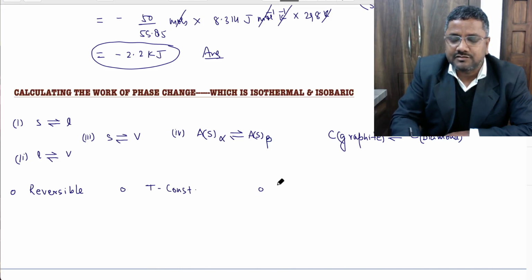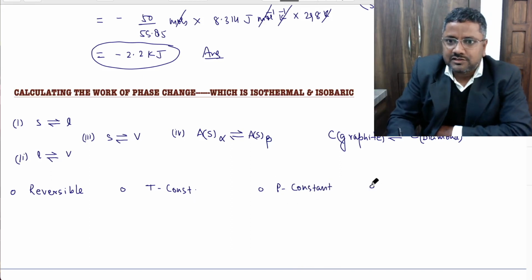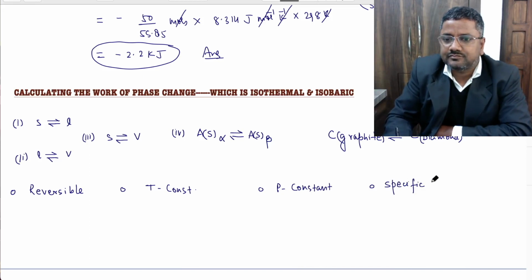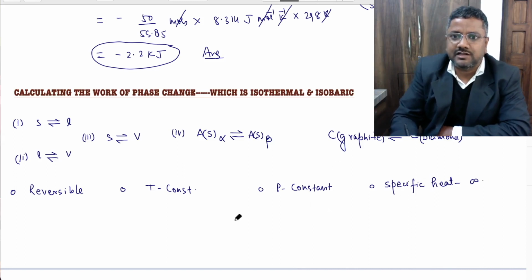P constant, meaning isobaric also. If T is constant, then what is the heat capacity or specific heat? Specific heat whatsoever, that is infinite, right? Specific heat in this situation is infinite.